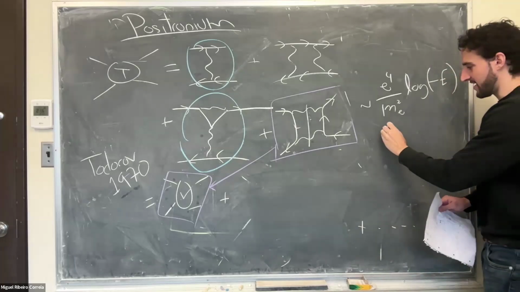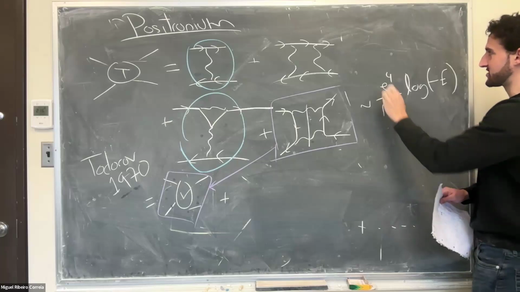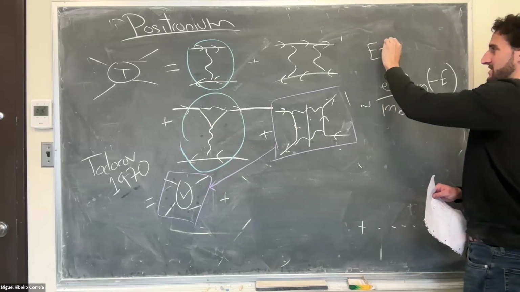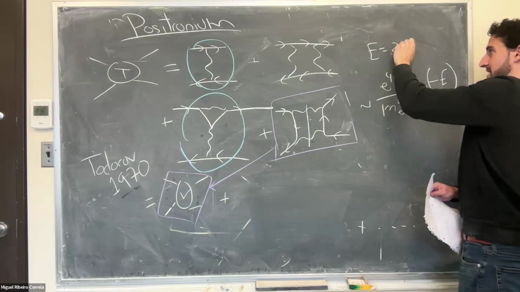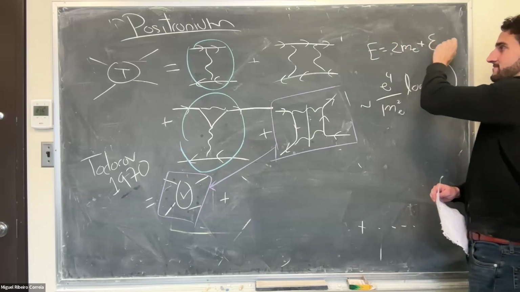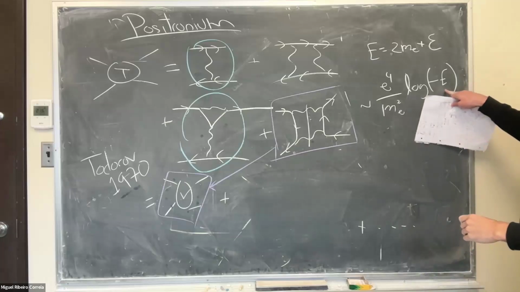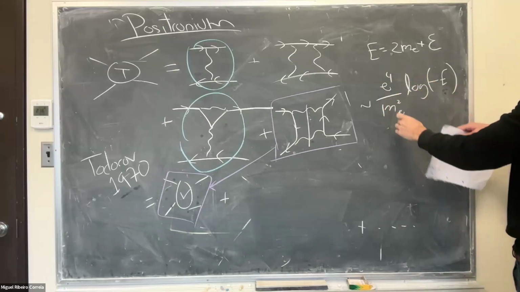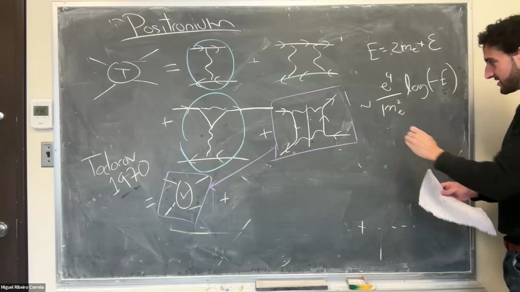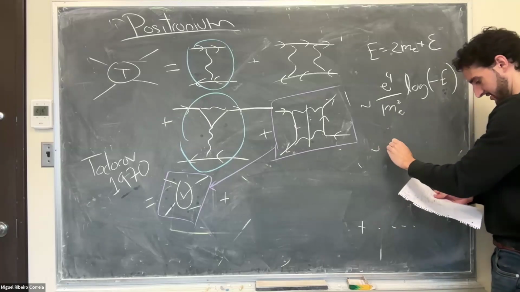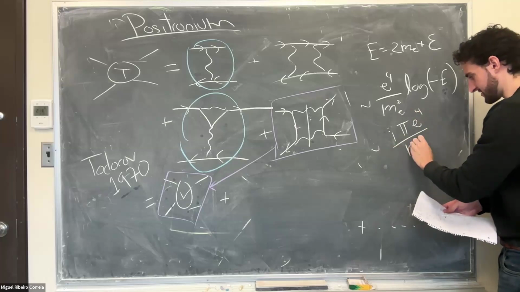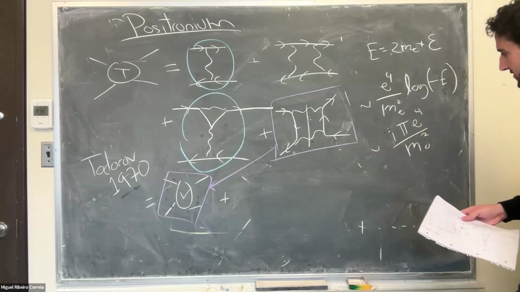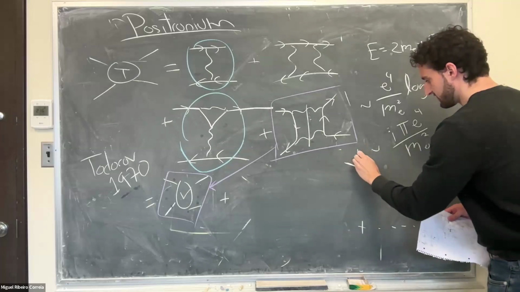By energy here I mean the sum of the masses, so 2 times the mass plus some binding energy. So any positive energy will make this become imaginary. So this will develop some imaginary part given by i pi e to the 4 mass of electron squared. Okay. So this will be the V.